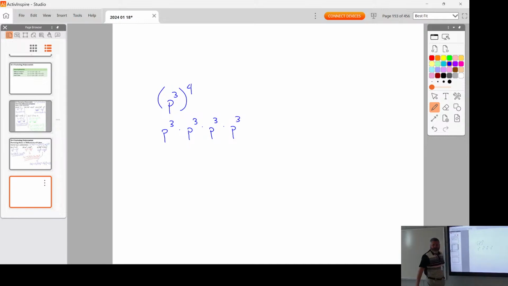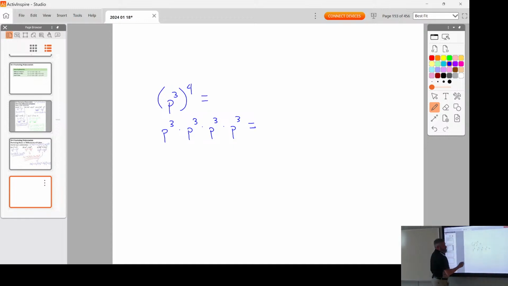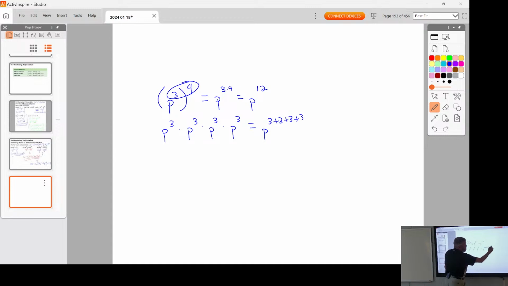Those are the same, right? Okay. So because these are the same, my answers better be the same. So when you have a power to a power, you multiply. So this would be p to the 3 times 4, which is p to the 12th. And when the base is the same and you're multiplying, that's going to be p to the 3 plus 3 plus 3 plus 3, which is also 3 times 4, which is p to the 12th.